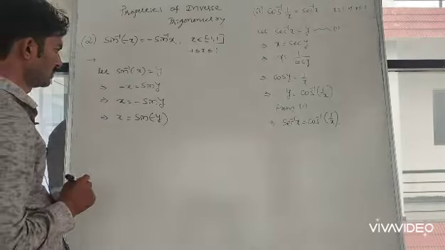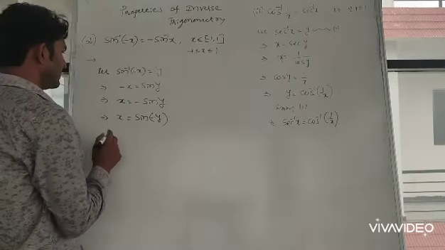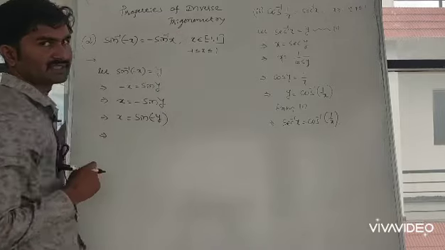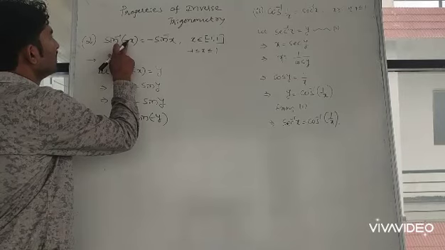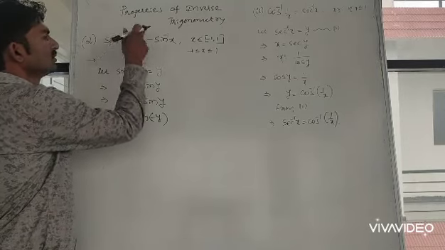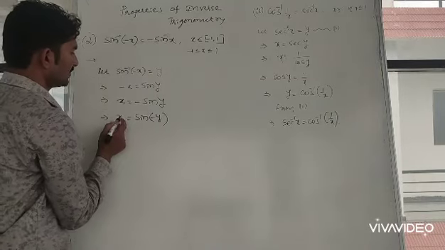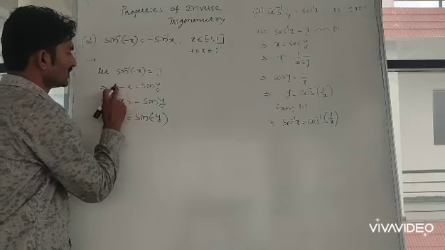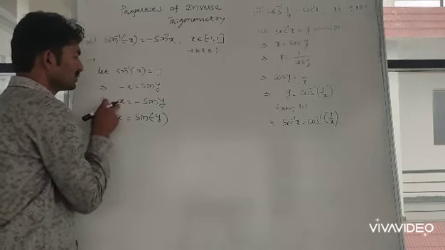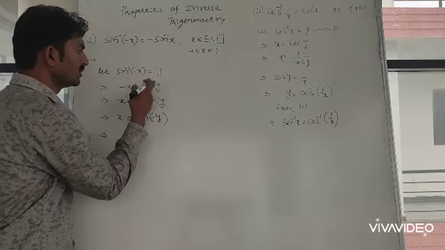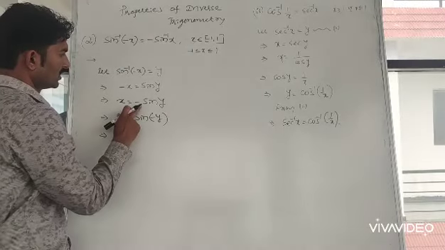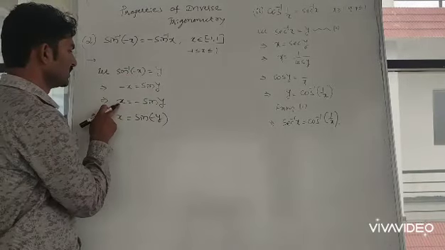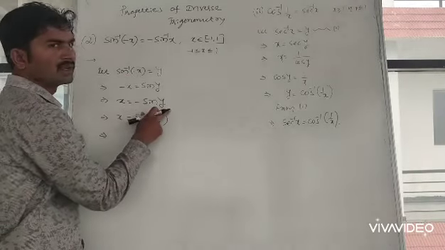Because here we require sine inverse of positive x, we need to reduce this minus to plus. That's why we have done this: here minus x was there, and we have converted it to positive x by taking the minus sign to the right hand side, or else multiplying the whole equation by the minus sign. So x is equal to minus sine y.